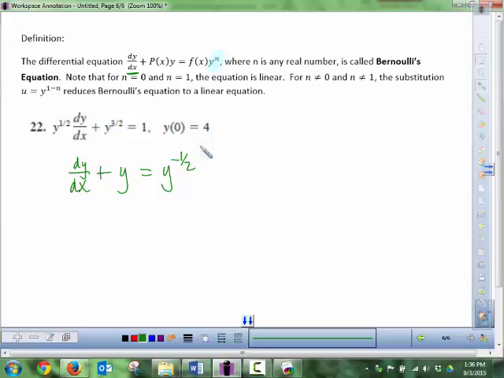Well, it looks like a Bernoulli equation. We have our p of x is equal to 1, if we want to look at it that way. Our f of x is also equal to 1. But that's not the important part, right? The important part is that n is equal to negative 1/2.